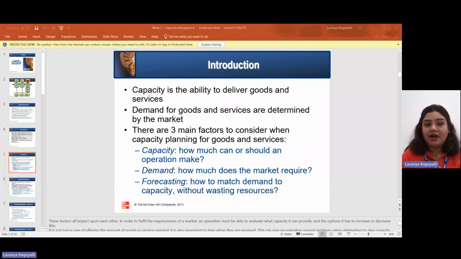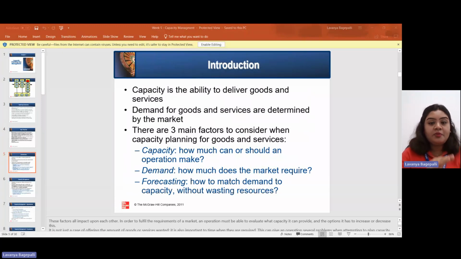Now, what do you mean by demand? Demand is basically the quantity of goods or services the market desires, that is, what the customers are asking for. Understanding market demand is very essential so that companies can avoid overproduction and underproduction.